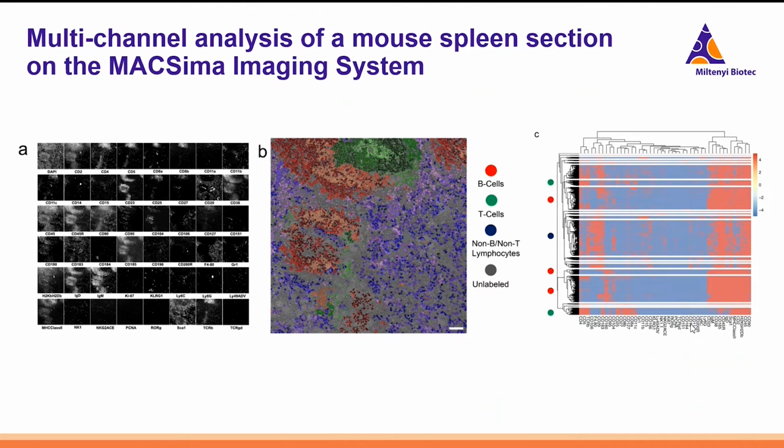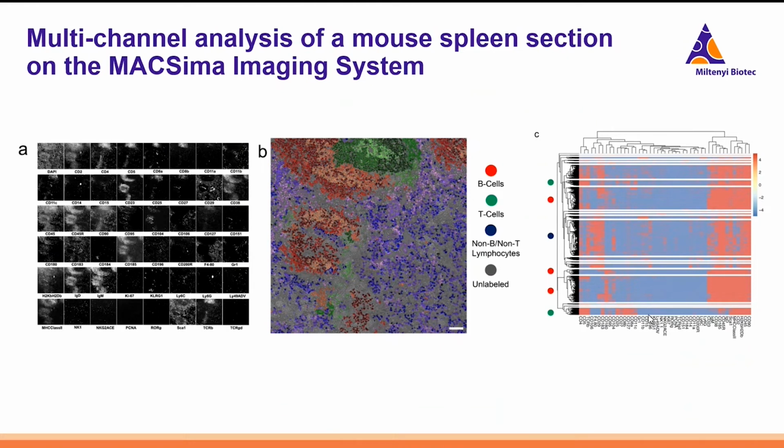Then the clusters were subdivided into 4 main groups of cell types, as shown here: B cells in red, T cells in green, non-B and non-T cells in blue or violet, as you see it, and the unlabeled cells in gray.